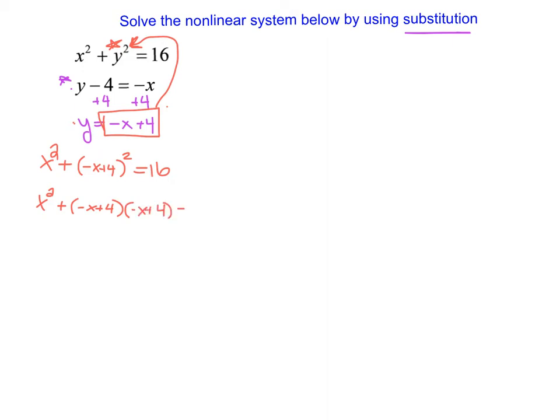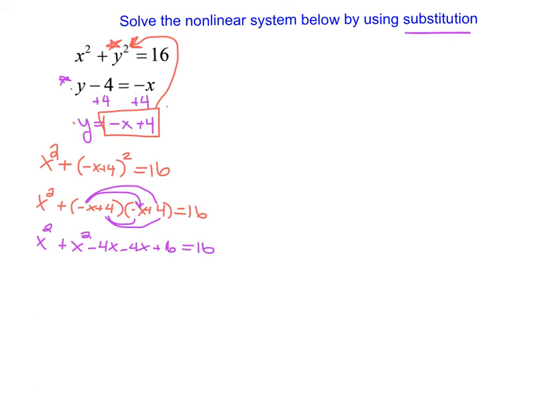So I'm going to write that first, and then multiply this set of parentheses out. Negative x times negative x is a positive x squared. Then I have negative x times 4, so that's minus 4x. 4 times negative x is minus 4x. And 4 times 4 is 16.